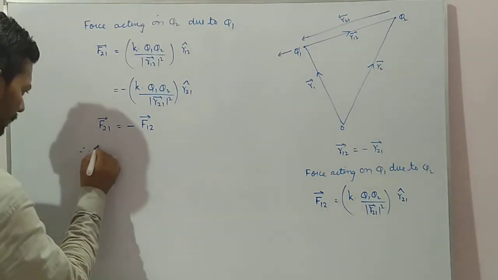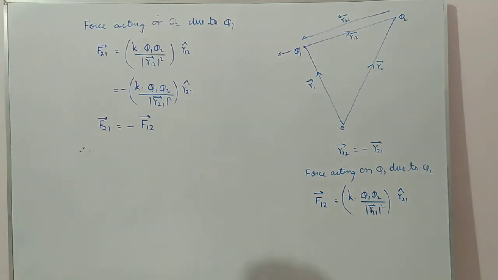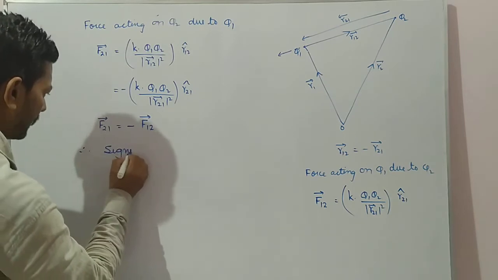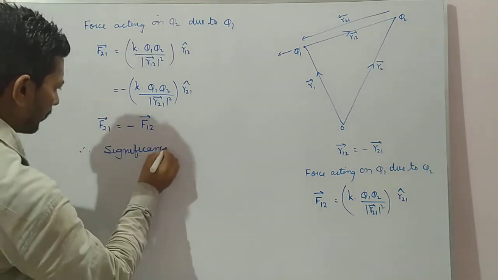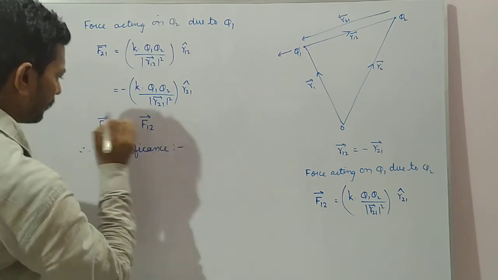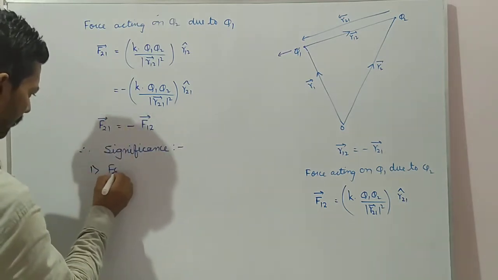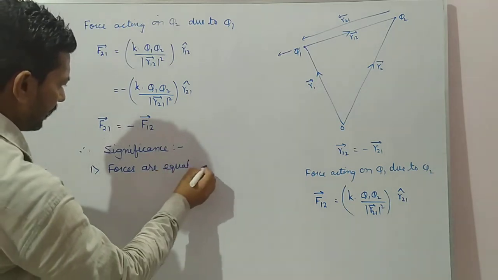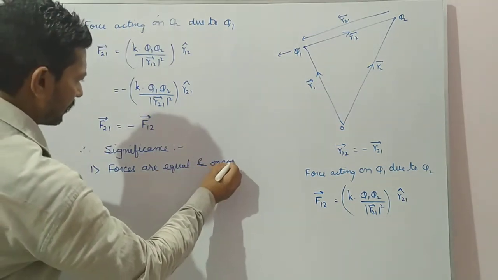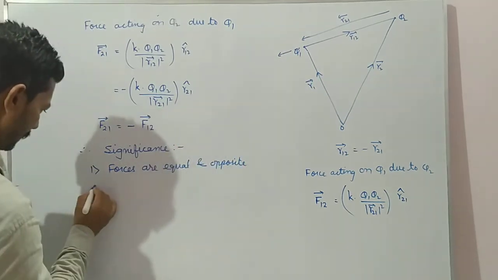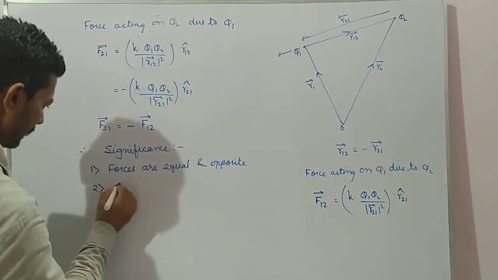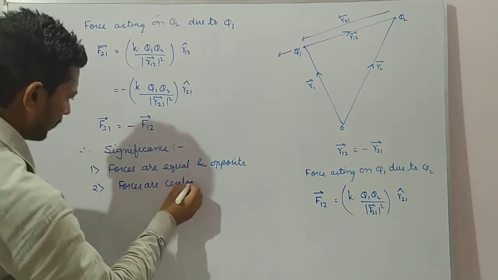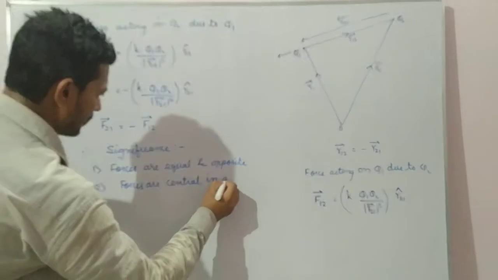Therefore, from Coulomb's law in vector form, what significance can we conclude? Number 1, forces are equal and opposite. Number 2, forces are central in nature.